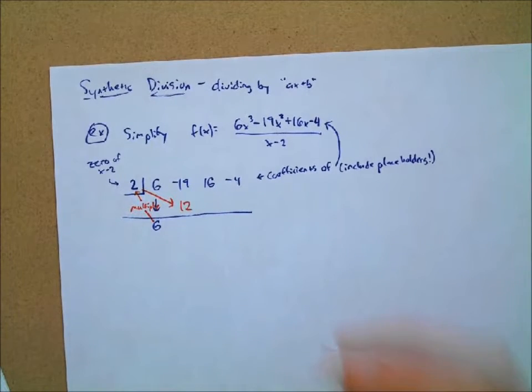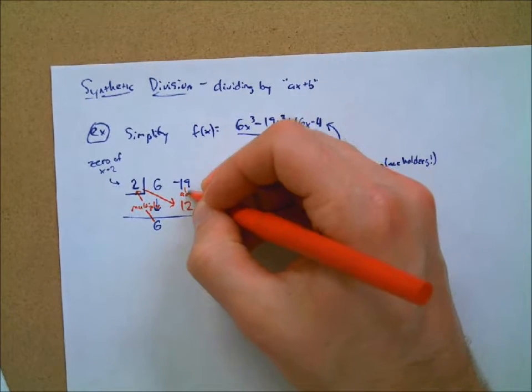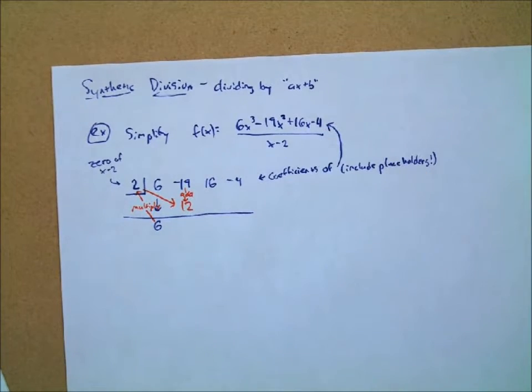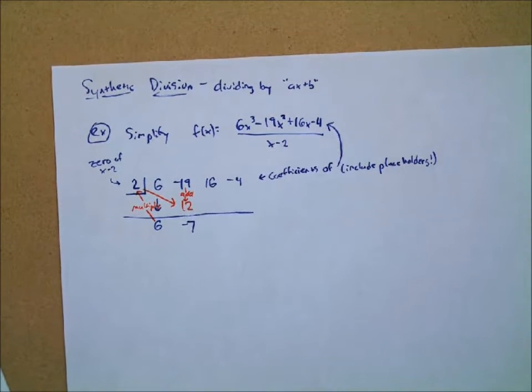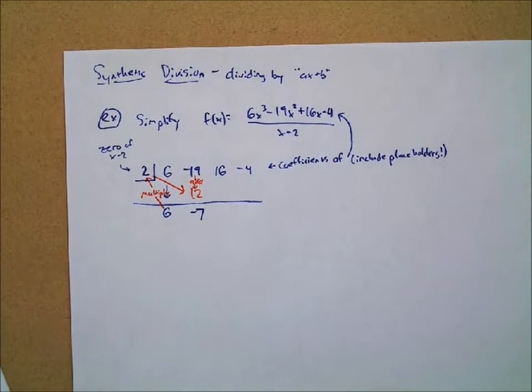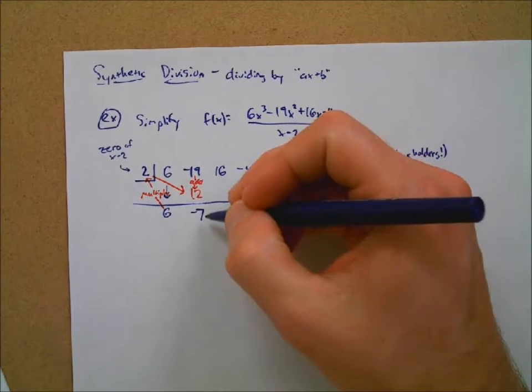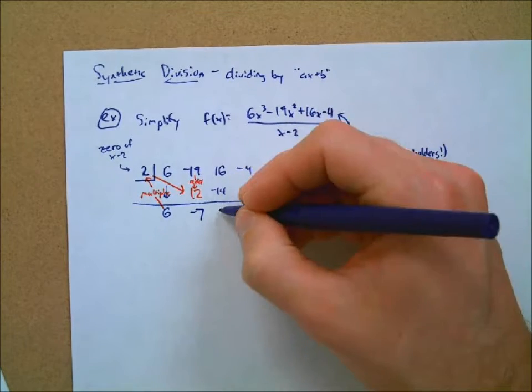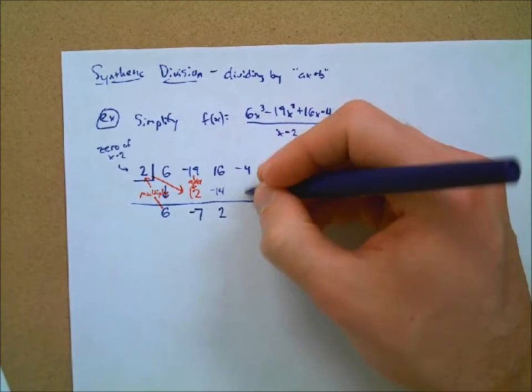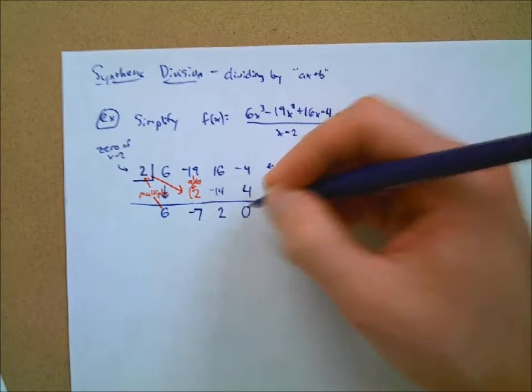Okay, and then we add. And we get negative 7. And then we repeat. Negative 7 times the 2, negative 14. Negative 14 and 16, 2. 2 times 2, 4. Negative 4 and 4, 0.